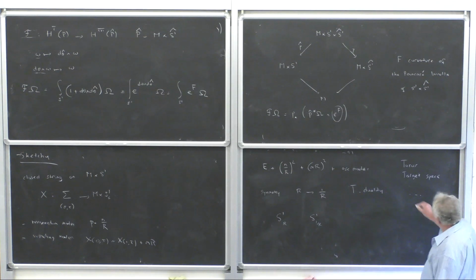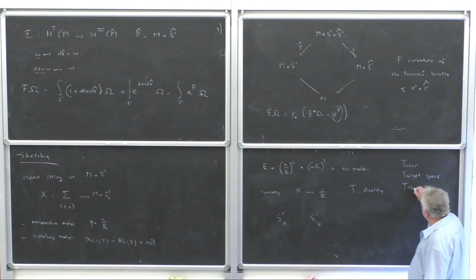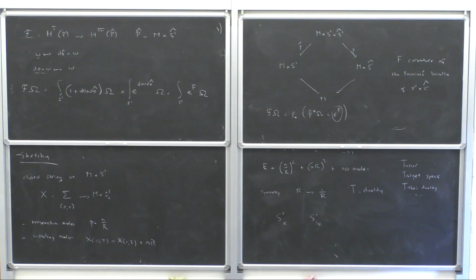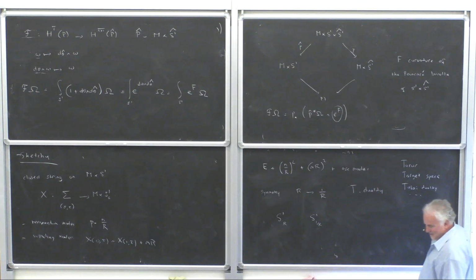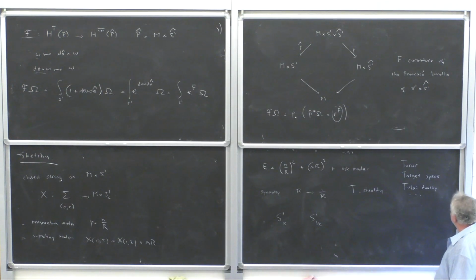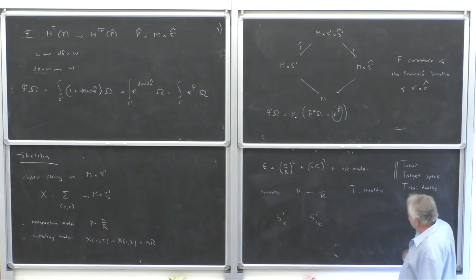If you do C-star algebras, this is Takai duality. Fortunately, Takai started also with a T. Takai duality actually probably predates this string theory type duality. Either of these two, I would say.